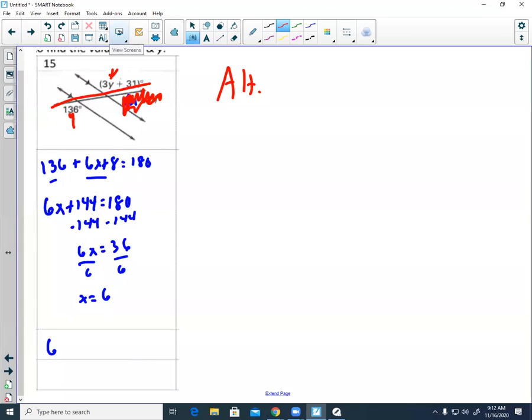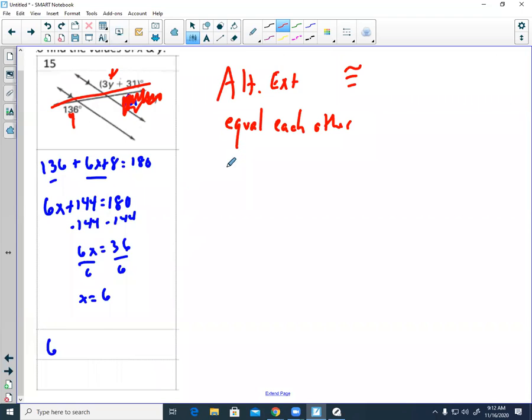If my two parallel lines are like this, if I smush them together, my arrows do not get touched, which means that these are exterior. And if they are alternate exterior angles, that means they are going to be congruent because that's what those theorems told us. So that means they are going to equal each other.